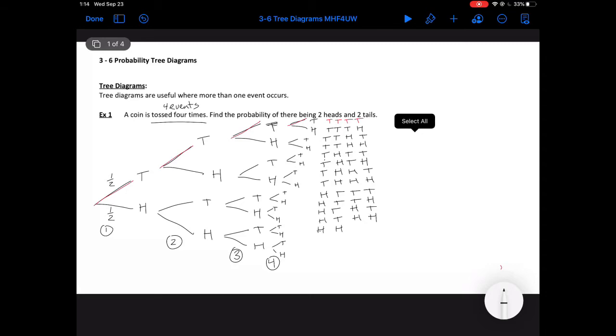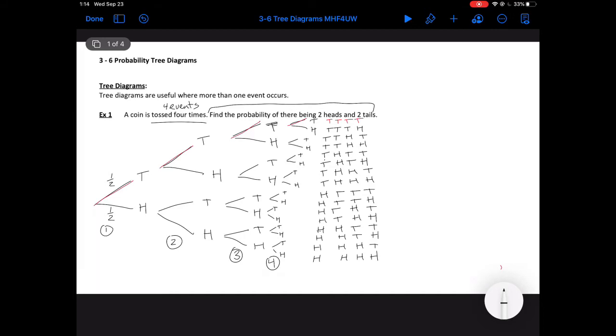Last branch, head, head, tail, tail, head, head, tail, head, head, head, head, tail, and last but not least, all 4 heads. Now what our question is asking is find the probability of there being 2 heads and 2 tails.